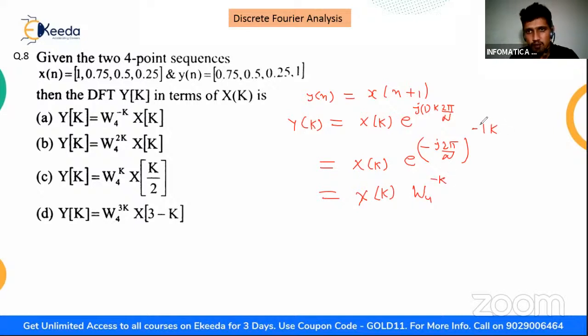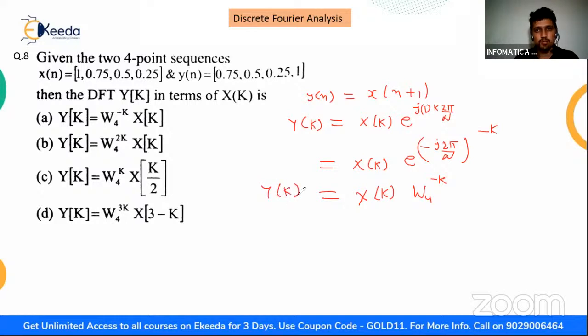We need not show that 1 here, so we'll simply write this raised to the power minus k. If there is any other shifting, suppose 3k, then we can mention 3k or like that. So this multiplied by X(k) will be the Y(k).